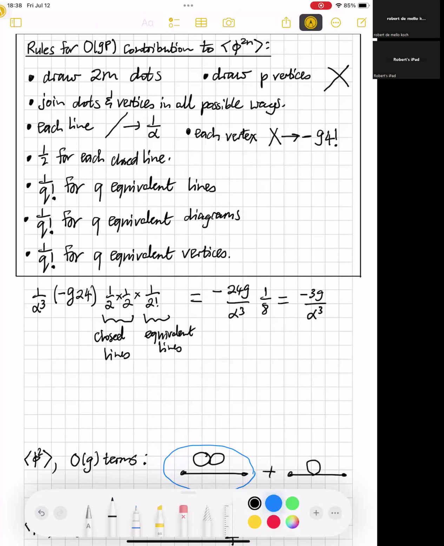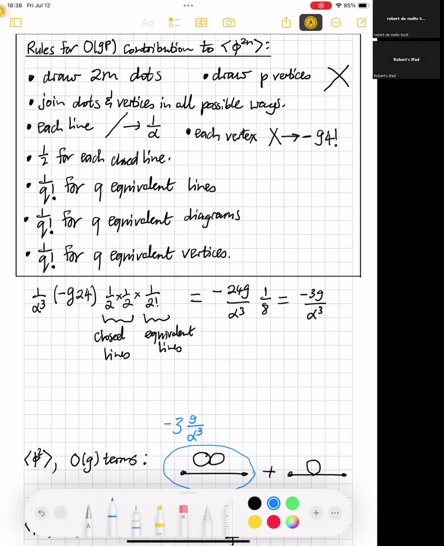So for this first term, which is the diagram circled in blue, we've got minus 3g over alpha cubed.